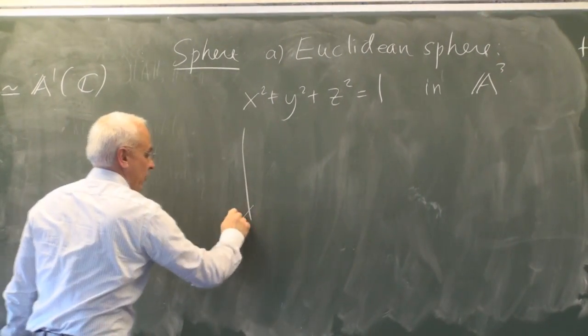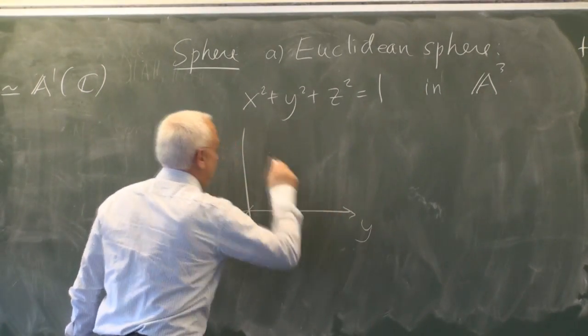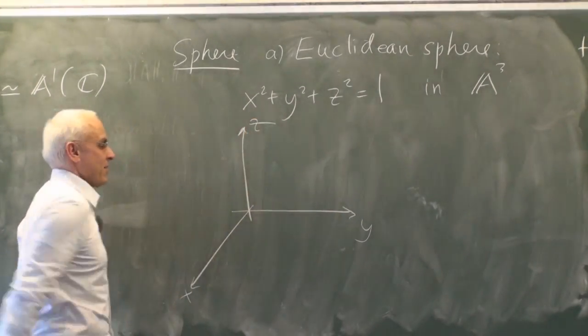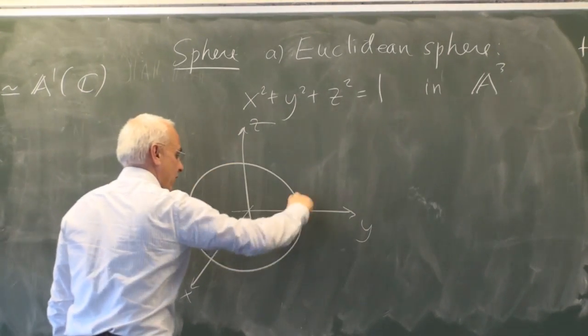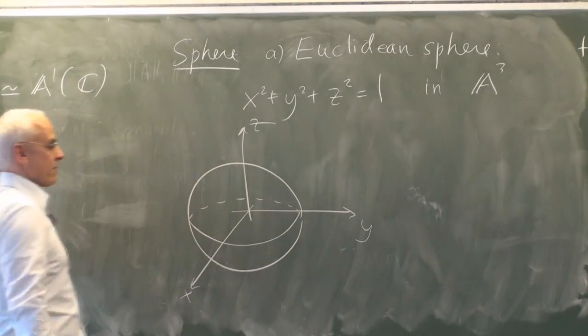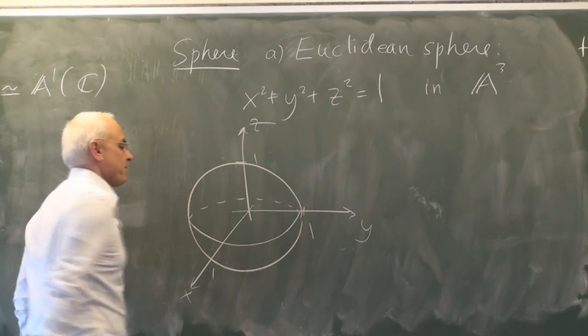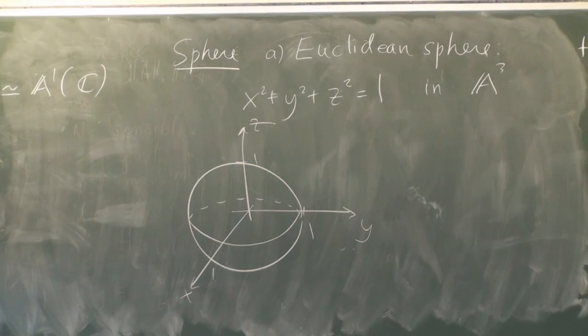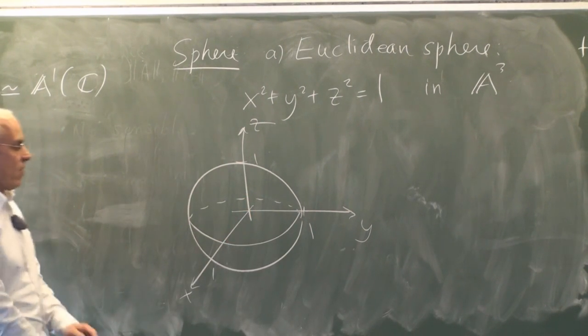Okay, so here's our three-dimensional space with an x, a y, and a z coordinate. And centered at the origin is our sphere. So this is 1 unit in any direction. So it's centered at the origin. It has radius 1.